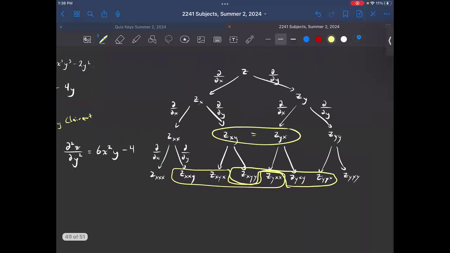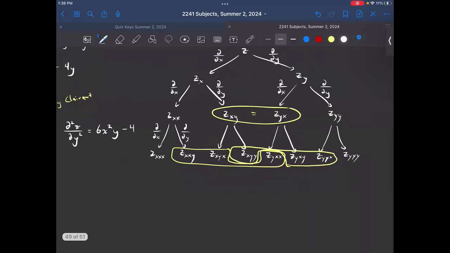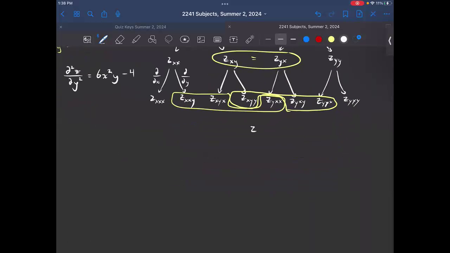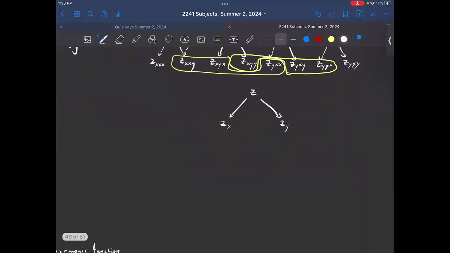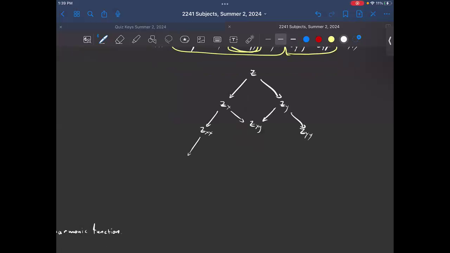And if we try to draw the reduced tree, let's do this down here. So we'll have z, zx, zy, and I'll just write zxy for my mixed partial. And then zxx, zyy, right? zxxx is definitely different. zyyy is definitely different from the other ones.